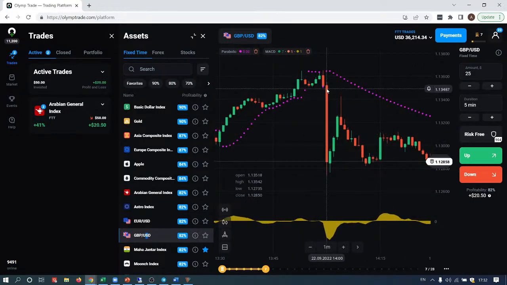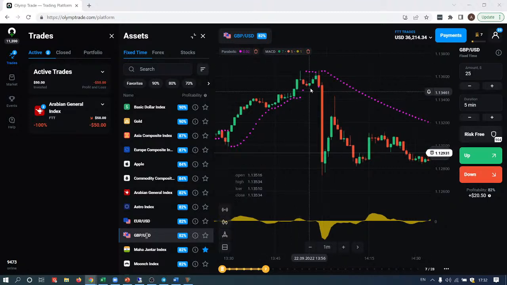Yes, this was a news release on the British exchange rate. Everyone was expecting that it would be raised by 50 basis points, and it really did. It did go up to 2.25%. But that came along with the expectations.